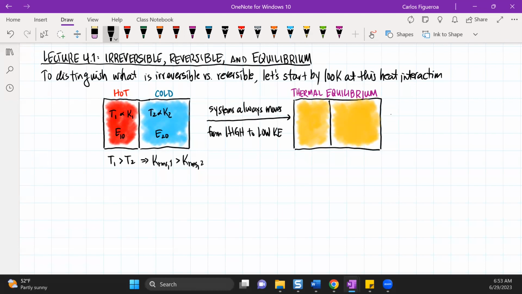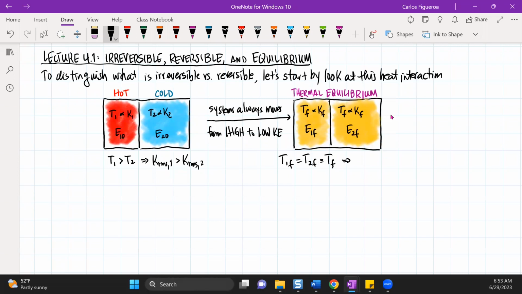That means TF, which is now proportional to this, has the exact same K RMS value, and each has some final internal energy. So T1 final is the same as T2 final, which I've written as TF.